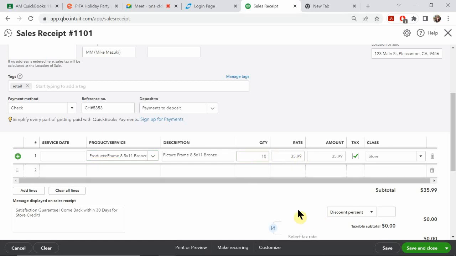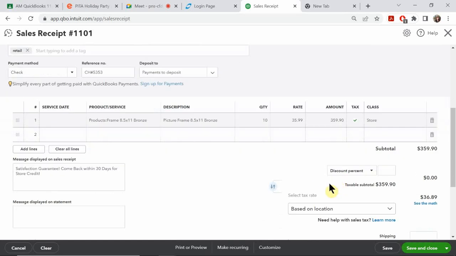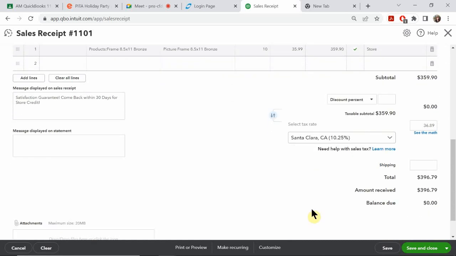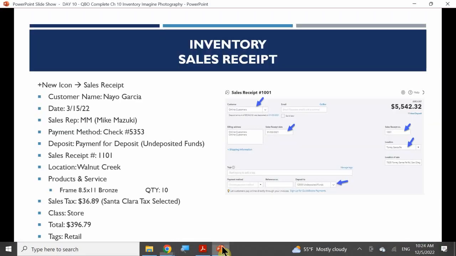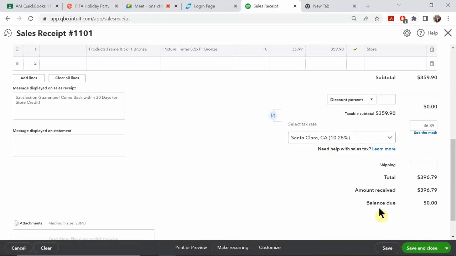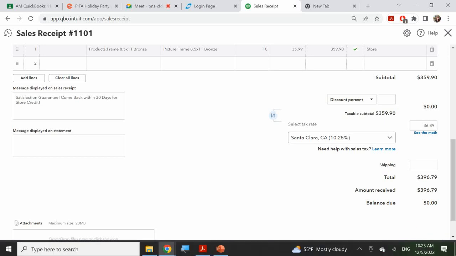Once again, it's taxable, right? And we're going to put it at Santa Clara tax. So therefore, this person owes me $396.79. Okay, which they paid using a check. So in this case, I can save and close.